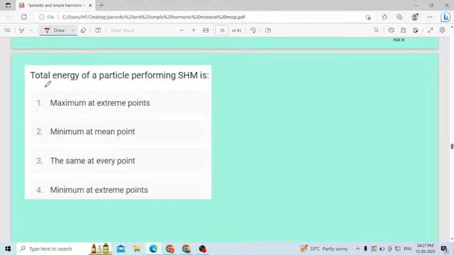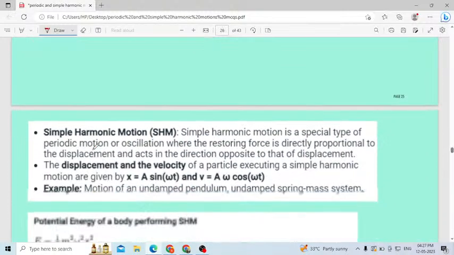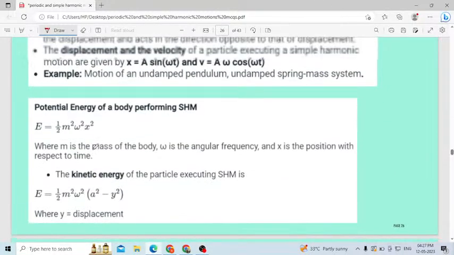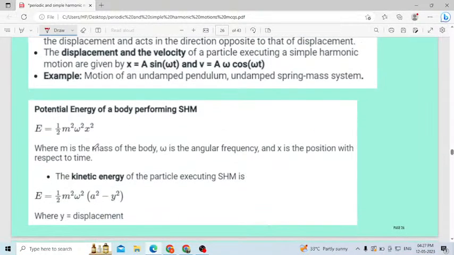Okay, the total energy of a particle performing simple harmonic motion is: first option, maximum at the extreme point; minimum at the mean point; the same at every point; minimum at the extreme point. What is the correct answer for this question? I included the formula here.